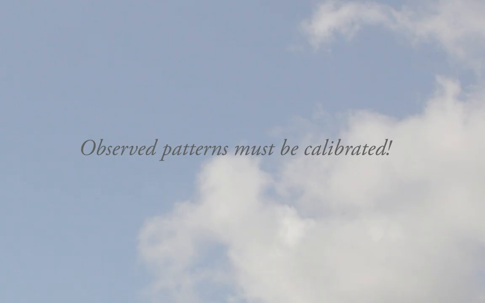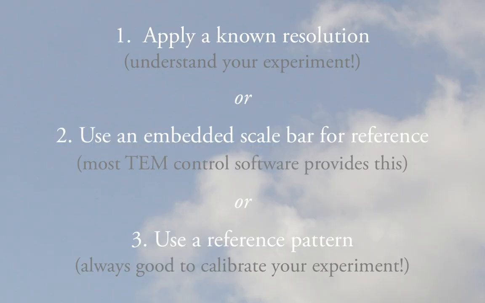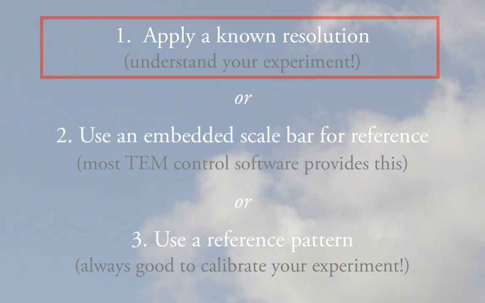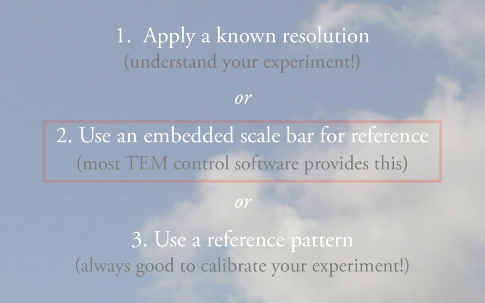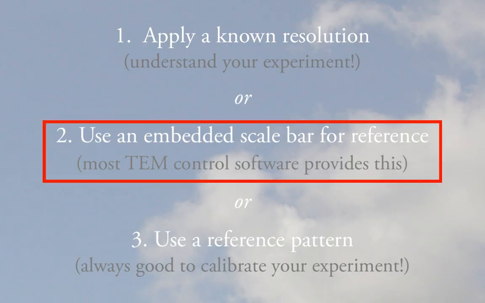Let's just summarize what we've found. You do need to calibrate your observed pattern. That is essential. You cannot rely on modern TEM software, and if you have a physical film, then you have no choice. There are 3 ways of calibrating. You either have a known resolution that you can enter into the resolution group of the picture inspector, or you can use an embedded scale bar, zoom it up, and use the ruler to calibrate that by clicking the Calibrate Experiment button.